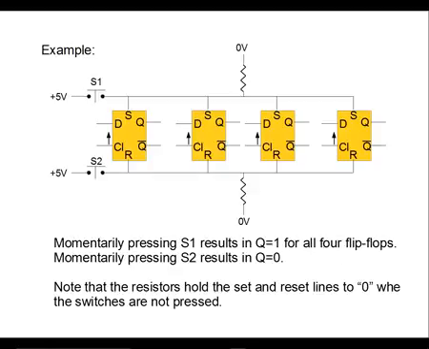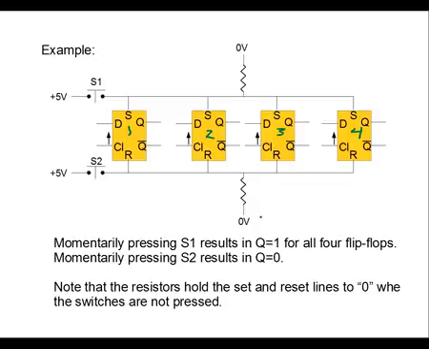So this may be a circuit that we have, and so let's look at this circuit. We have 4 flip-flops: flip-flop 1, 2, 3, 4. And then the reset lines are all hooked together, and they're hooked through a resistor to 0. And then they're hooked with a switch, a momentary push button switch, to 5 volts.